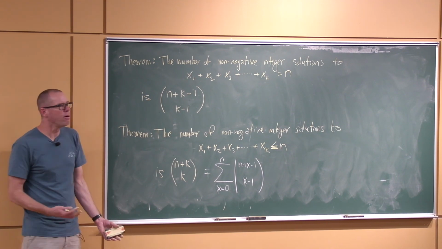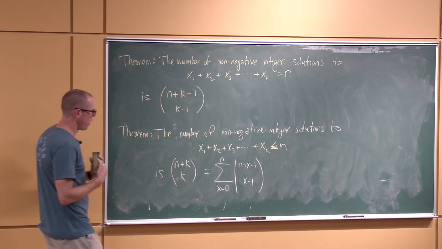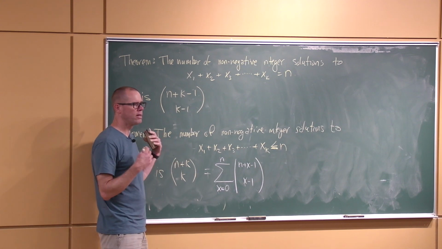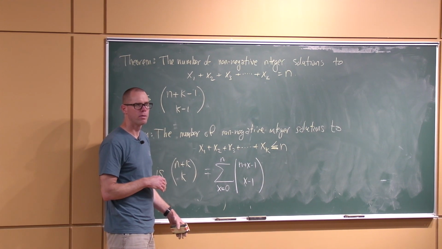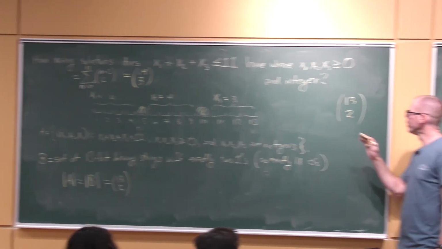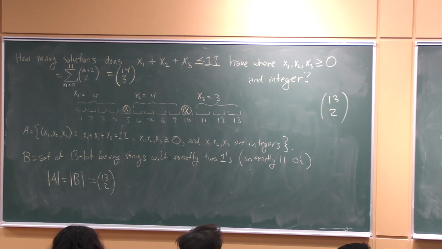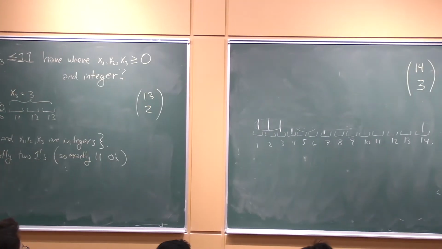But if your algorithm is to try all possibilities, then you'd better be sure that the number of possibilities is not outrageous. Here, 13 choose 2 is not outrageous, and neither is 14 choose 3.